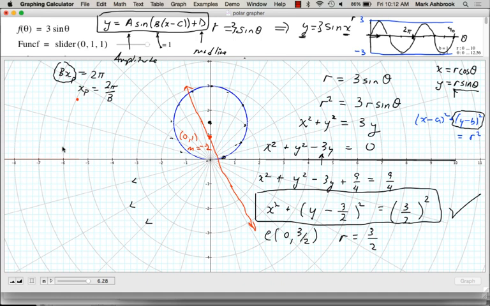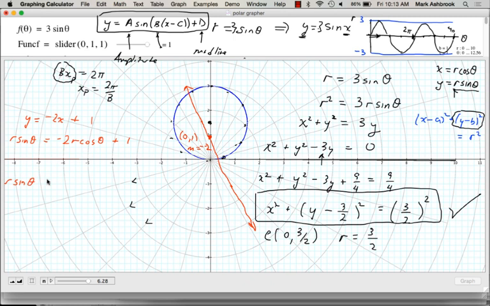Okay, so this line has equation y = -2x + 1. What would it be in polar coordinates? What does y equal? r sine theta. What does x equal? r cosine theta. So y = -2x + 1 becomes r sine theta = -2r cosine theta + 1. How would we find r as a function of theta? We need to solve for r, so we want all the r's on the left.